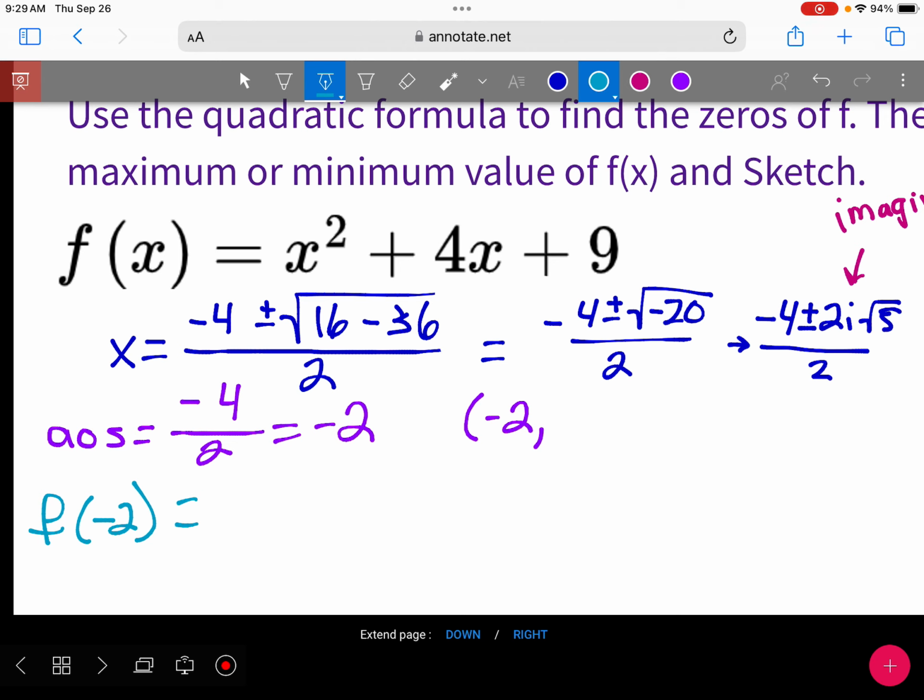When we find f of -2, what are we going to have? -2 squared gives us 4, plus 4 times -2, minus 8, plus 9. So 4 minus 8 plus 9. 5.